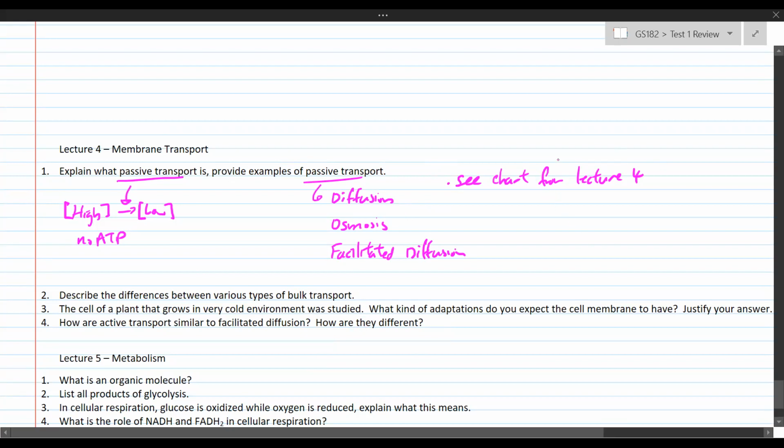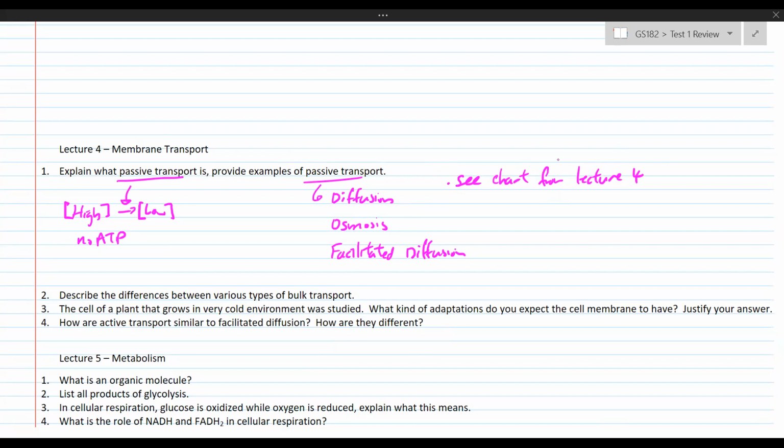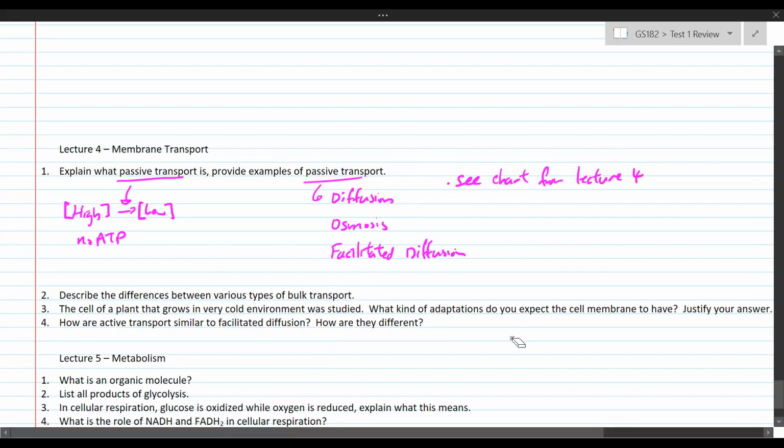Now remember, you'll be using the lockdown browser, so any digital content on your computer will not be available to you during the test. So I suggest you either print it out or even better, write one out yourself, right? You should have one already if you did it with me during class.